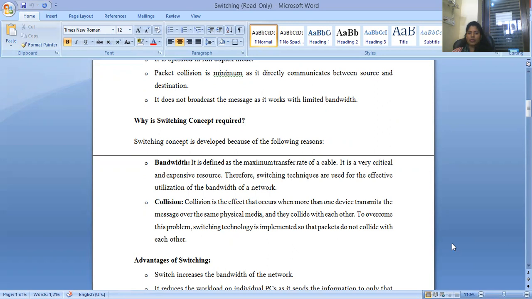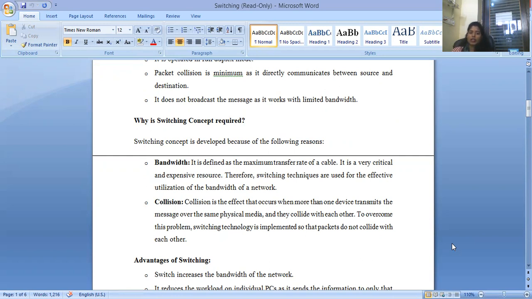So what will you do? You increase the bandwidth of the communication channels, via which you can transfer the heavily loaded data packets through that high-bandwidth communication channel to the destination.